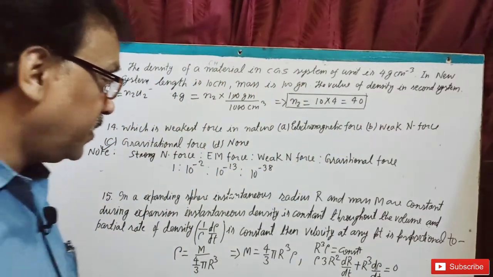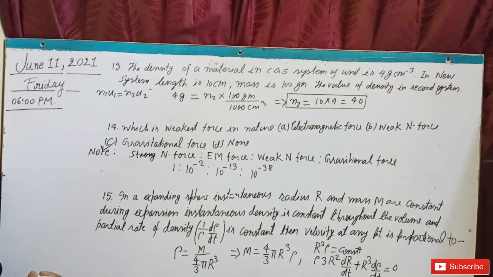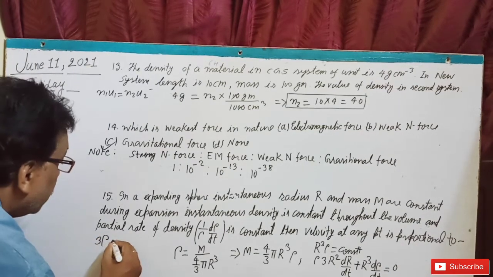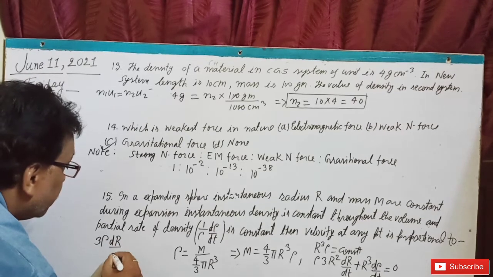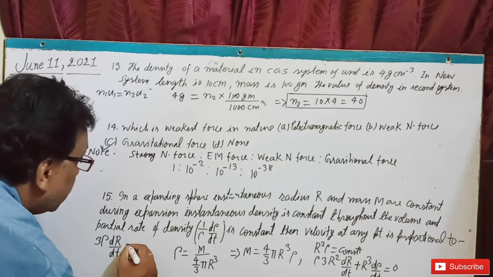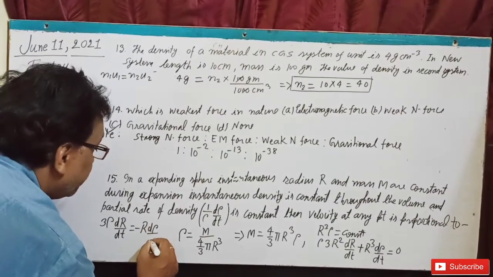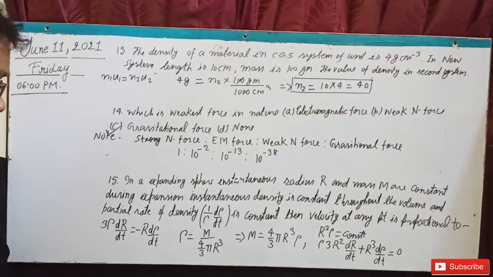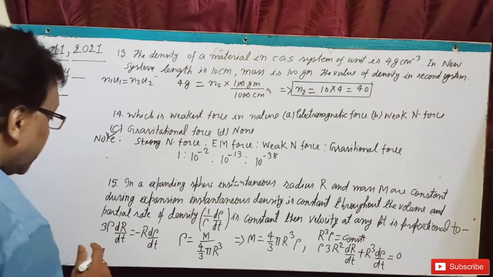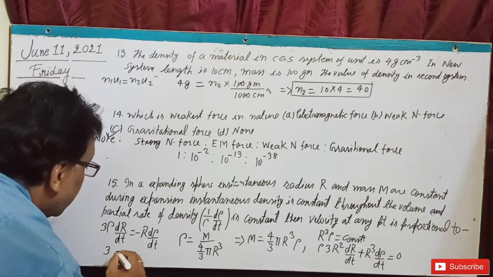Then you can divide it by r square. So we get 3 rho dr by dt plus r d rho by dt equals 0. As you know, 1 upon rho d rho by dt is a constant factor. You can write 3, and dr by dt is the velocity.